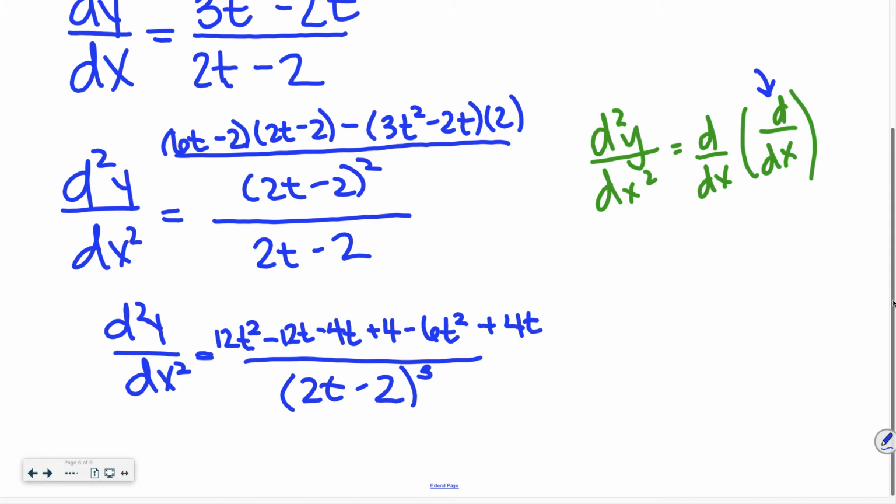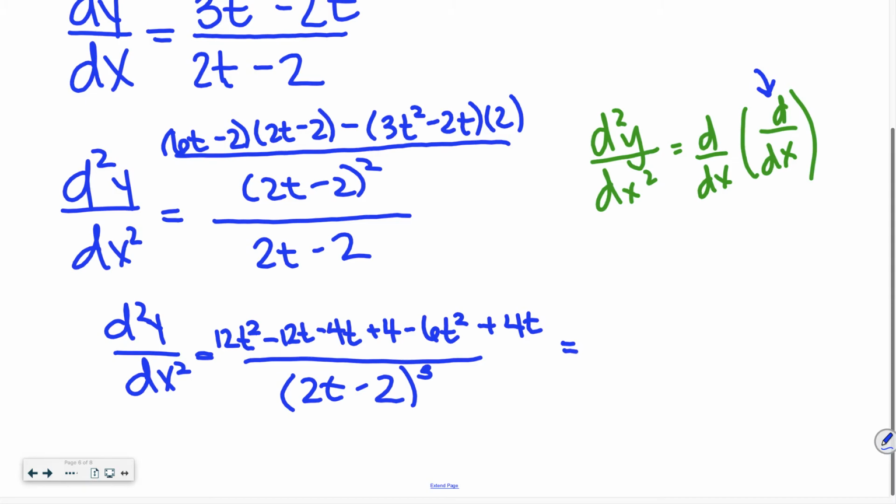It's just not pretty when they throw in that second derivative. So this is when we can leave the derivative on the bottom, or we don't have to FOIL it out on the bottom, right?